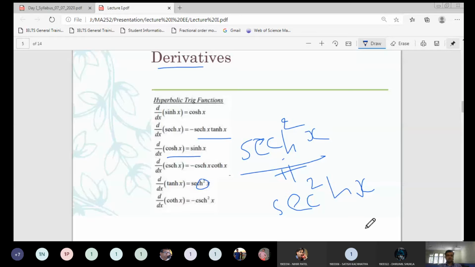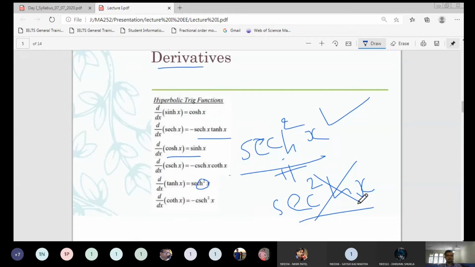This is the correct way of writing sec hyperbolic square x. You cannot write it as sec square hyperbolic x. This one is the wrong way. Keep it in your mind.